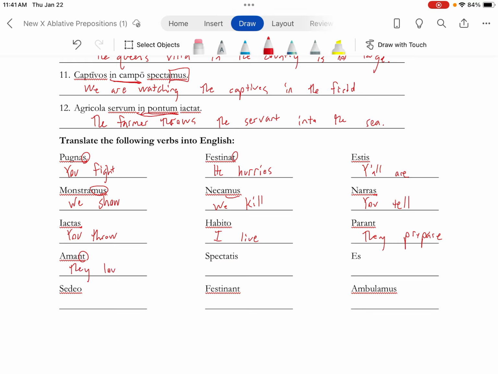Ama, love. Spectatis, tis is y'all. Specta, watch. Es, the S is you, is R, from that nasty verb earlier. The irregular. Sedeo, the O is I sit. Festinant, NT is they, so they hurry. And ambulamus, the mus is we, ambula walk.